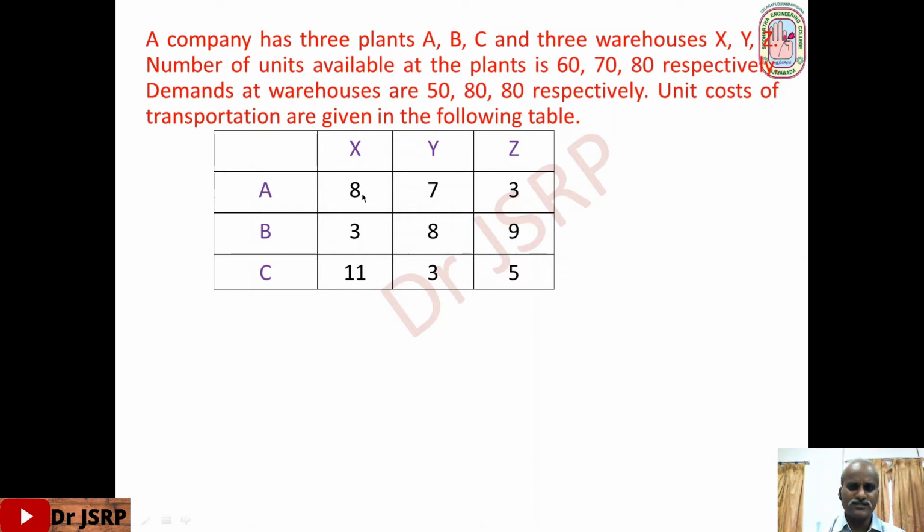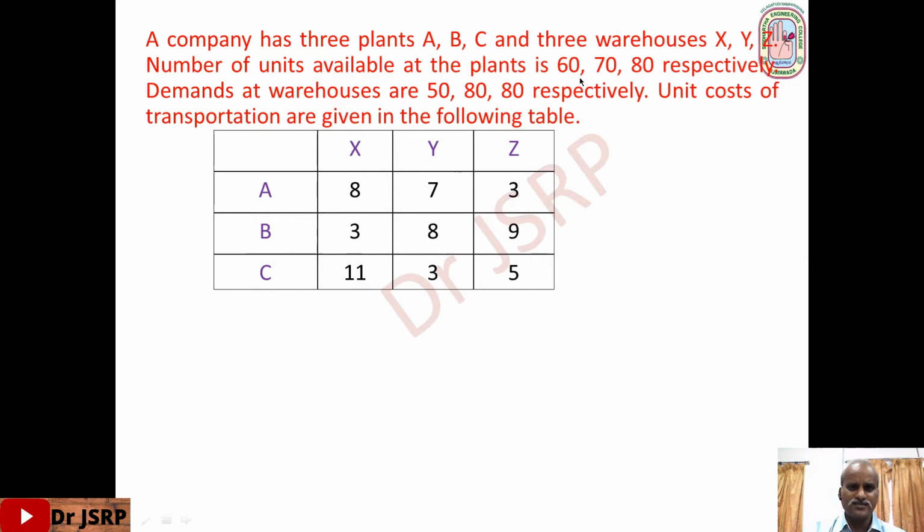That is, per 1 unit transportation cost is 8 rupees. Similarly, from plant A to warehouse Y, the unit transportation cost is 7 rupees. Okay. So like that, these are the unit transportation costs from various plants to various warehouses.